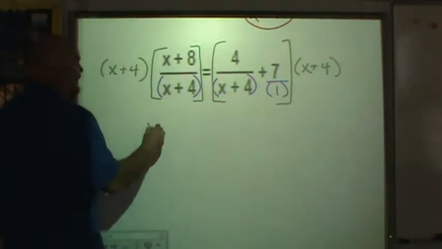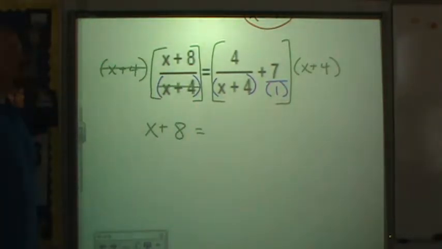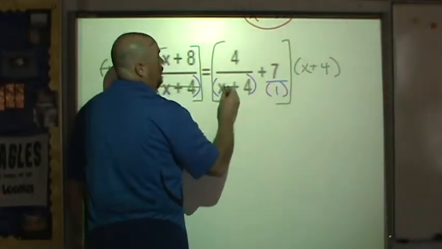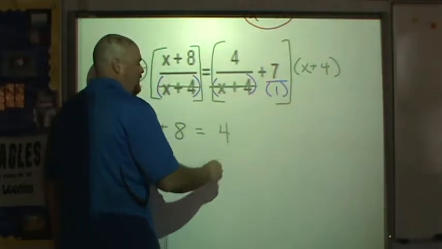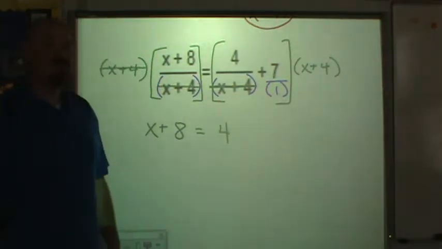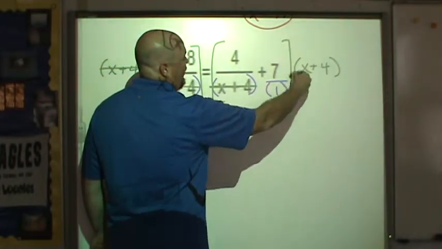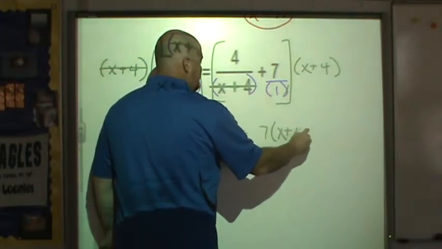Now over here on the left, it's pretty simple. The x plus 4s are going to cancel, leaving me with just the numerator. But as we said here, we're taking x plus 4, we're canceling it with this, and that's going to leave us a 4 in that place, plus I have to take x plus 4 times this fraction as well, which is just that 7.